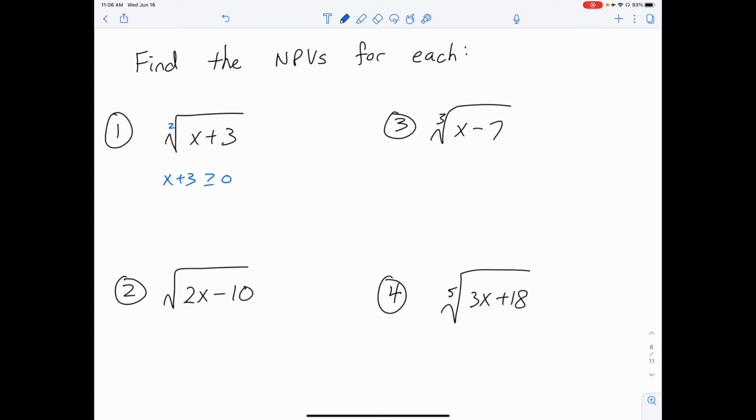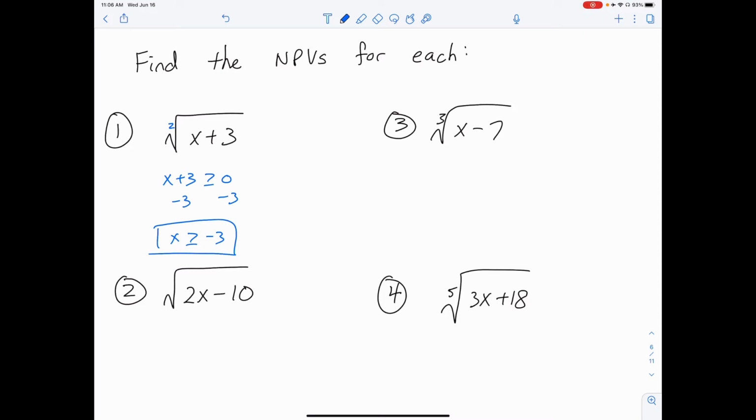Our goal here is to solve for x or isolate for x. So to get rid of this plus 3, we have to do the opposite. We minus 3 from both sides. And we get the final restriction here that x must be bigger than or equal to negative 3. So that is going to be our NPV, or our restriction, for this question.